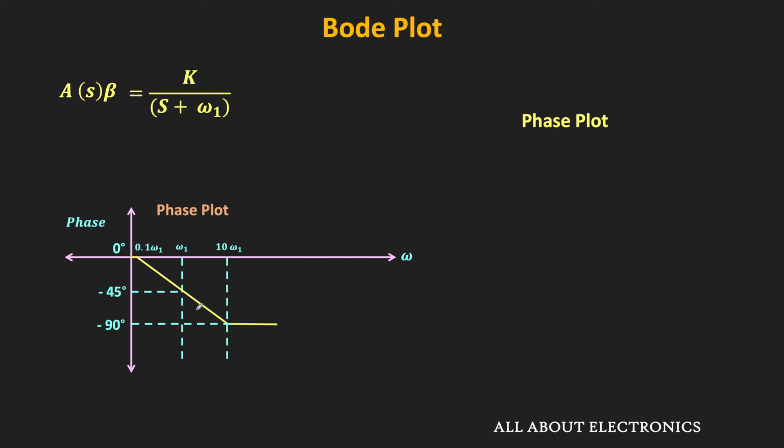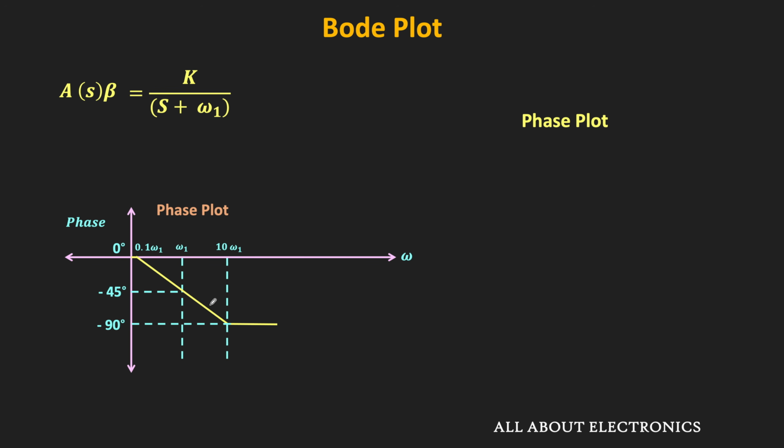Later on, we will see how this phase changes when we have more than one pole in the denominator. So in this way, for any given transfer function, we can draw the Bode plot by drawing the magnitude and the phase plot.